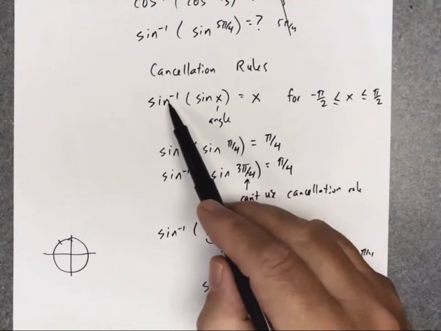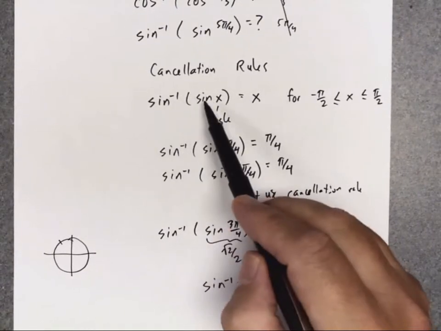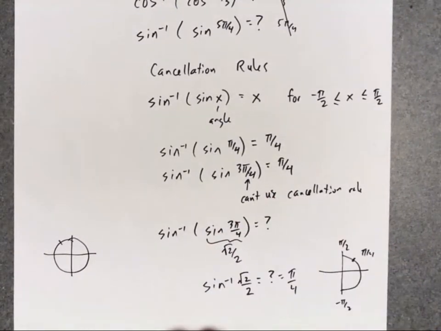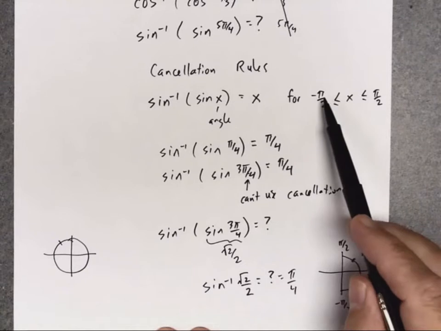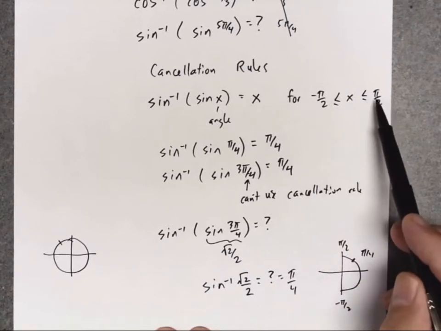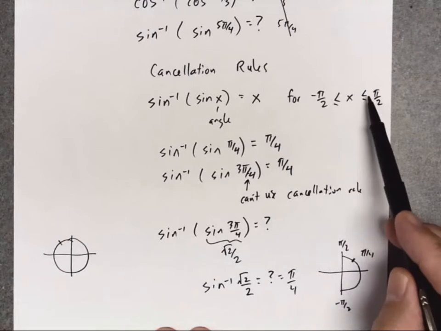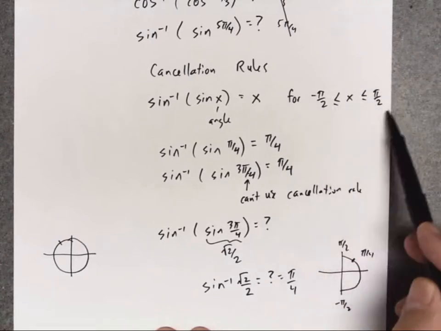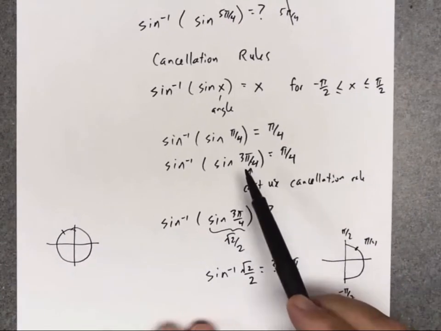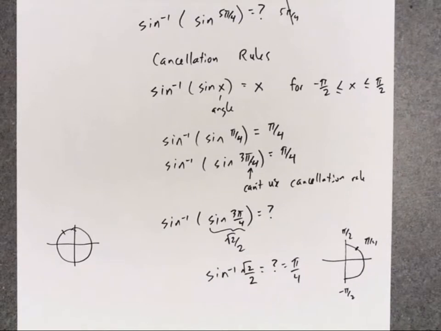So when we take the inverse sine of the sine, we hope we can use our cancellation rule, but we have to check. And if the angle is from negative pi over 2 to pi over 2, we can use it. Beautiful. If our angle is outside this range, then we just have to do it the old-fashioned way.